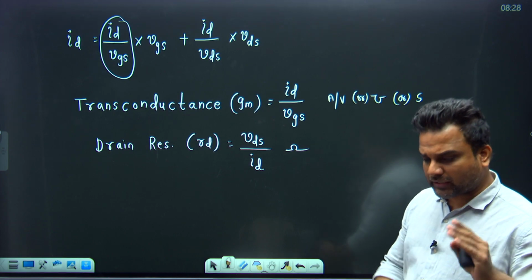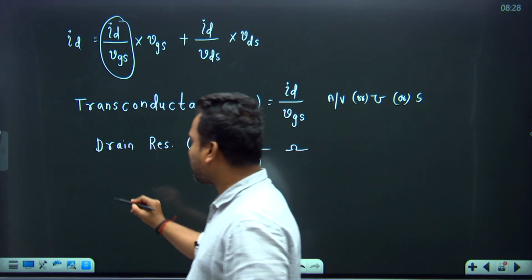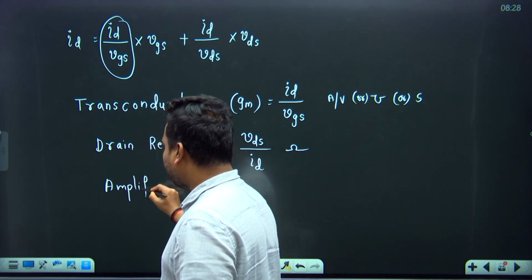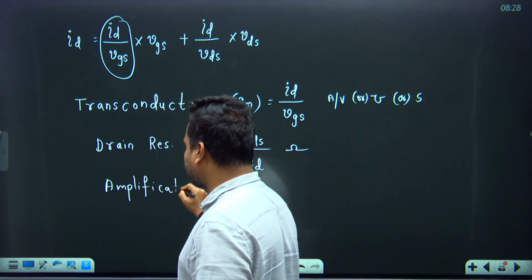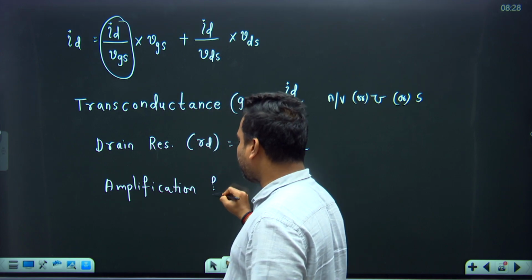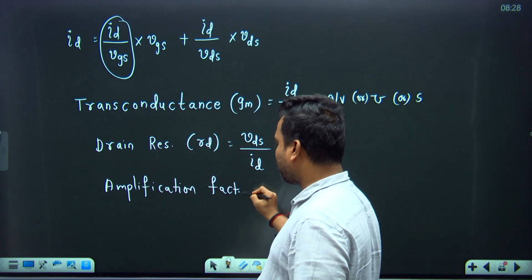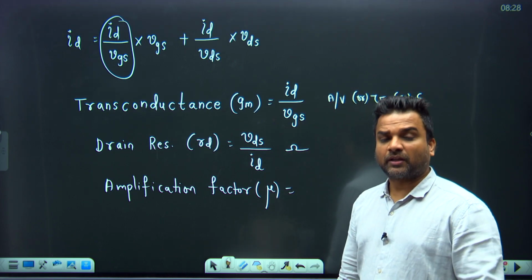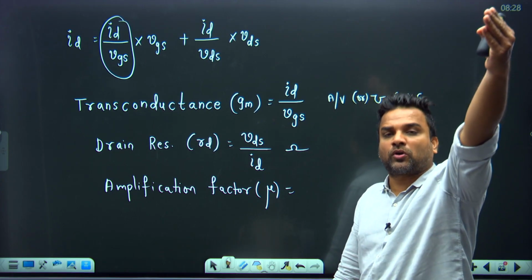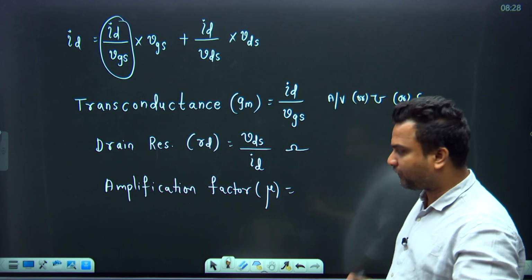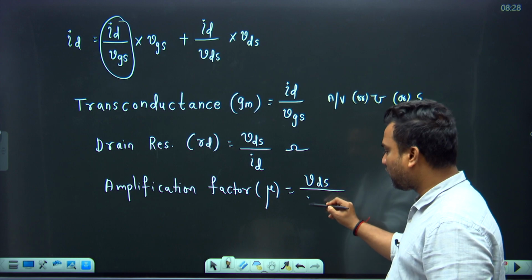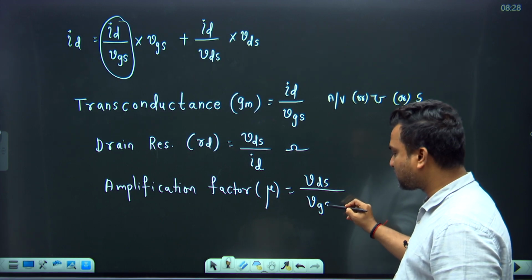Now there is a new parameter called amplification factor, mu. Actually it represents the ratio of output voltage by input voltage. The basic definition is output voltage VDS by input voltage VGS.